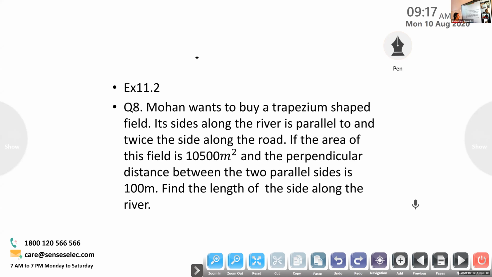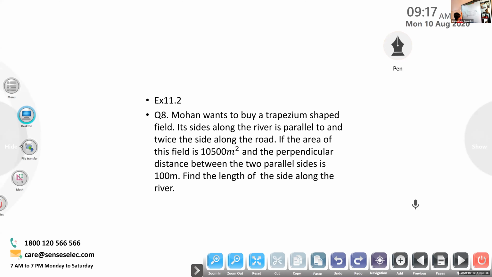Find the length of the side along the river. All of you write the question. Did you all write the question?